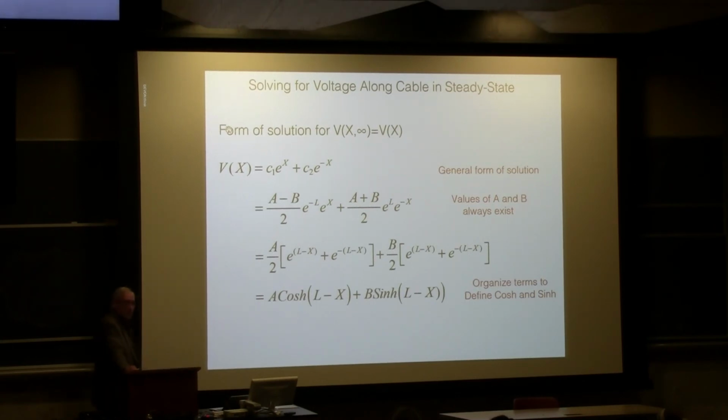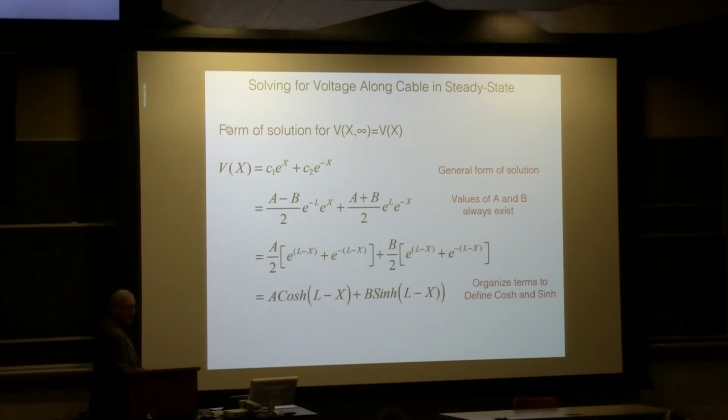We can solve for voltage everywhere along this finite length cable, and we're going to do it in the steady state. I don't think I want to go through the entire solution. I want to frame it for you and show you where we get to. The general form of the solution is shown here: some constant C1 times e to the x, where x is normalized spatial location, plus C2 e to the negative x.